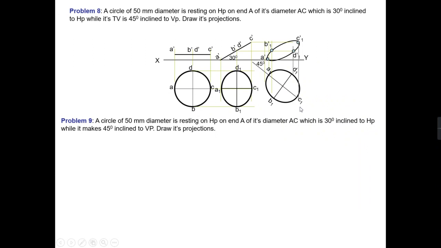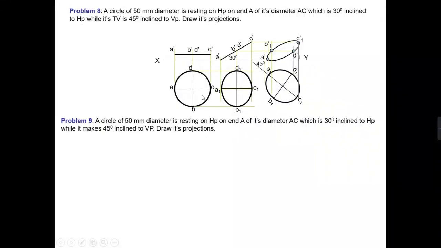As we have seen in the projection of the line, if any line is inclined to any plane, in that plane we are getting the reduced length, right? And if it is inclined to both of the planes, we are getting an angle more than the actual angle.